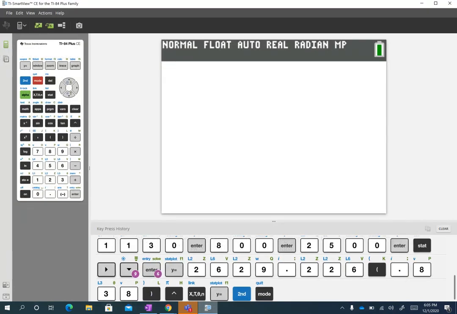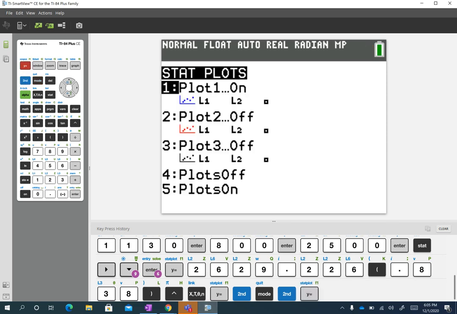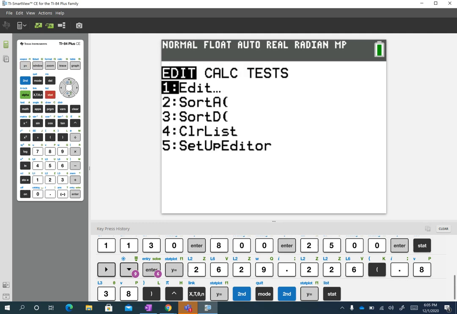And remember, if you're doing any of this statistic stuff, you're going to go ahead and start by pressing second y equals. That's going to bring your stat plot up. And you want to make sure that number 1 is now on. So I already turned mine on, but you want to make sure that your plot 1 is now on. If you want to go ahead and enter the data, you're going to press the stat key.